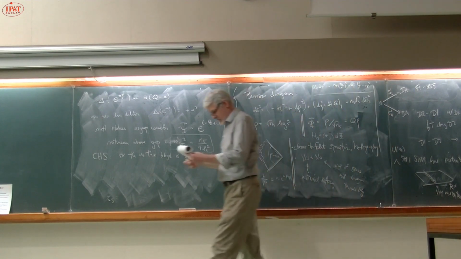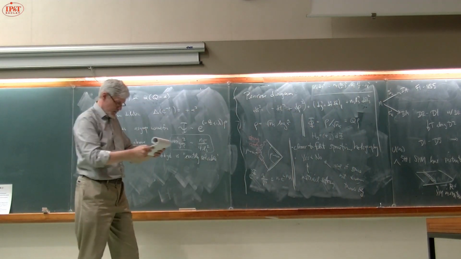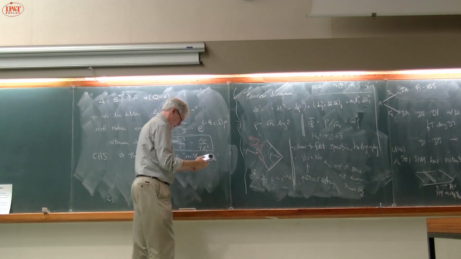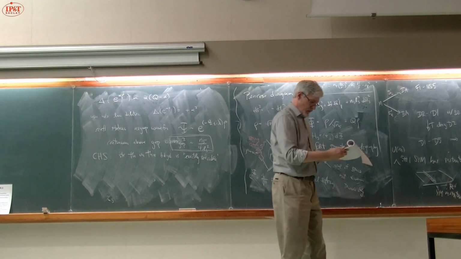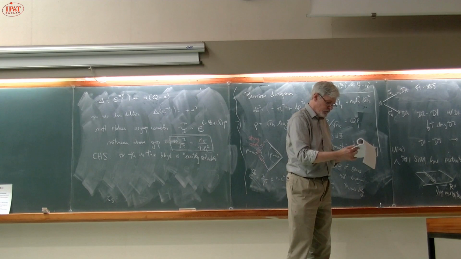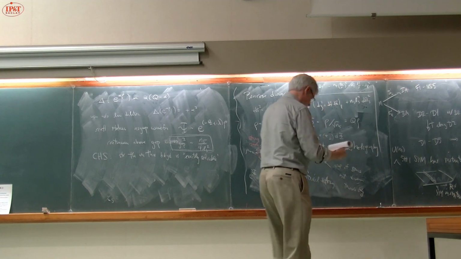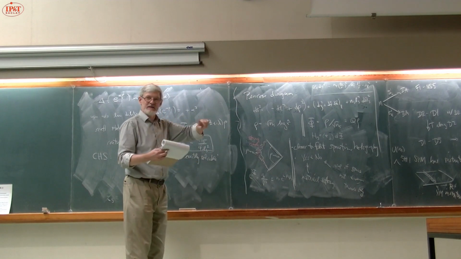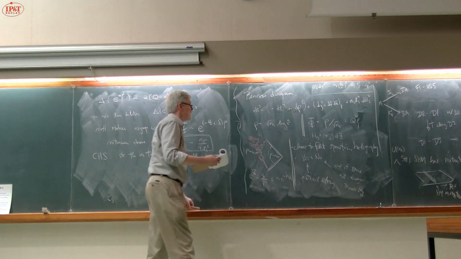So anyway, let me not get too hung up on that. I guarantee you this is the right result. I'll come at this from another direction later, which will make it obvious.